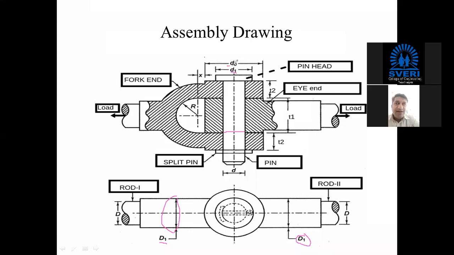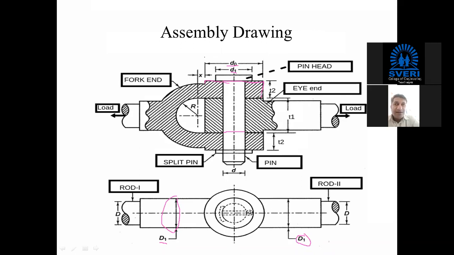and D0 is nothing but the collar which has been provided to the fork, or double eye.